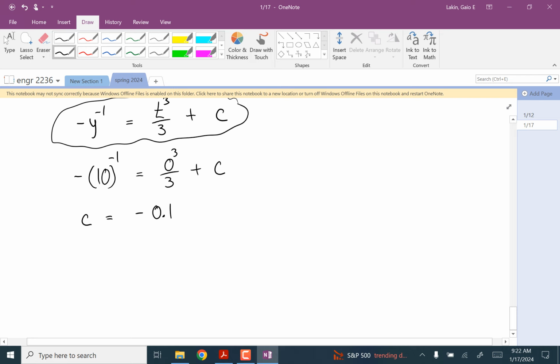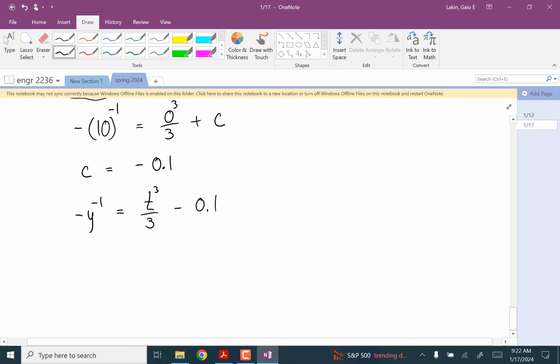Okay, so we know that negative y to the negative 1 is equal to t cubed over 3 minus 0.1. Now y to the negative 1 is equal to, I'll write it as 0.1 minus t cubed over 3.